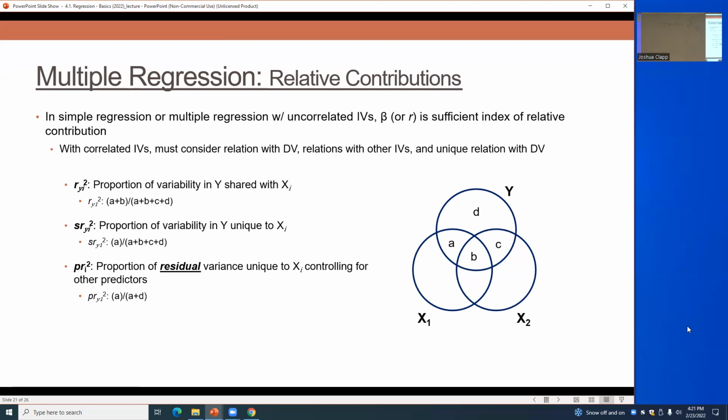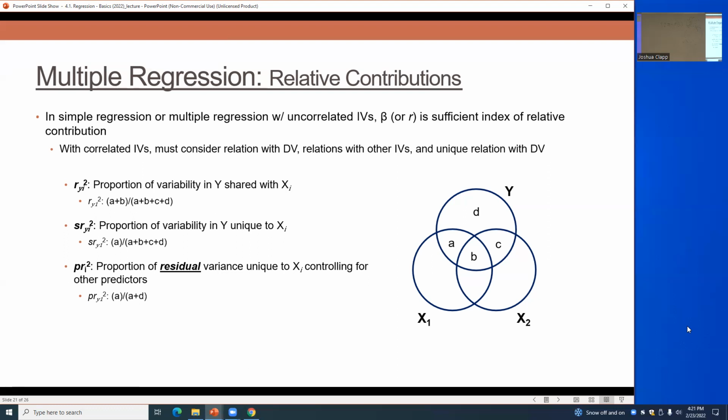For your partial correlation, B and C are already accounted for by something else in the model, so we're just pulling that out, okay? Anything that's associated with X2 or X3, 4, 5, all of that, we're pulling out of the total. And so our denominator is smaller.